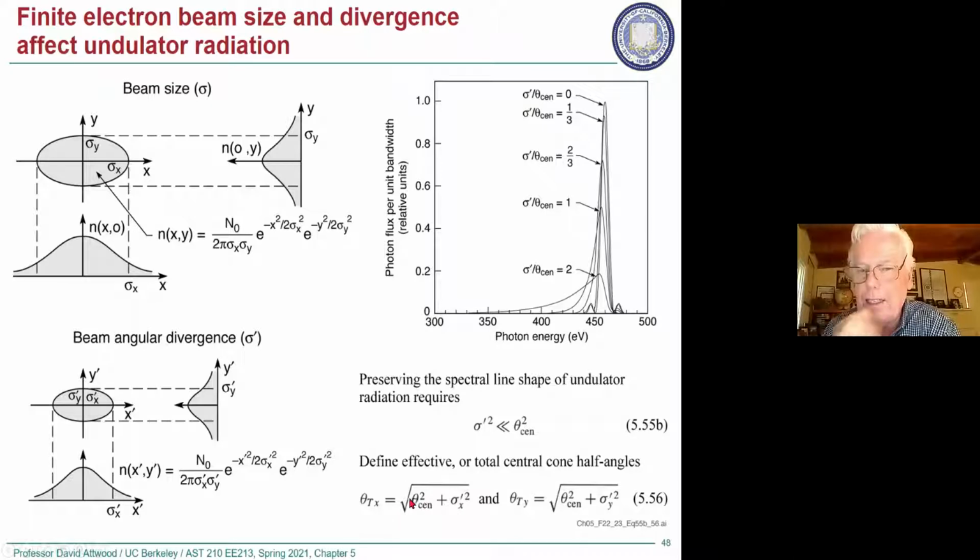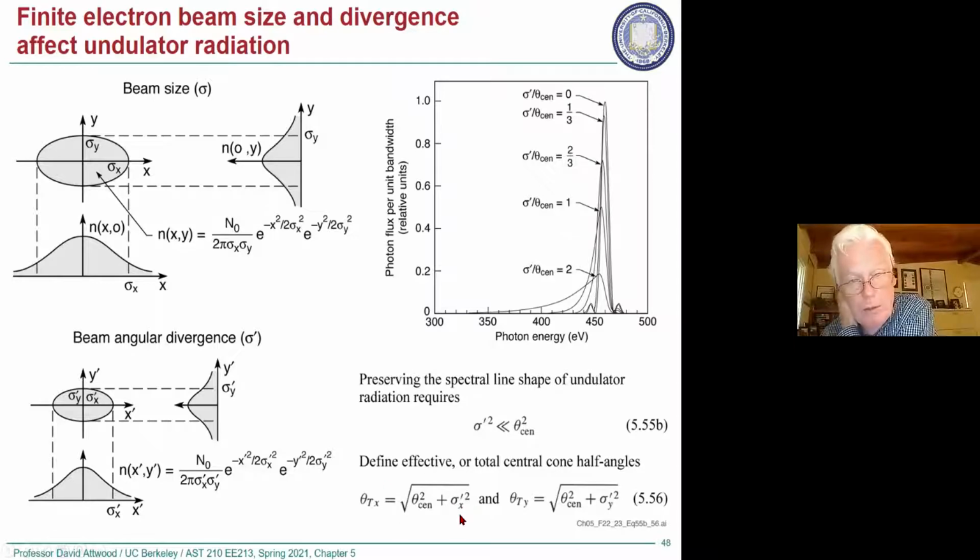We calculated a central radiation cone assuming that the electron was going right down the z-axis. If it's off by a little bit, then it's going to increase the size of the central radiation cone. If we're in this condition where it's a relatively small parameter, it doesn't have a big effect. And in fact, in many cases we can ignore it.